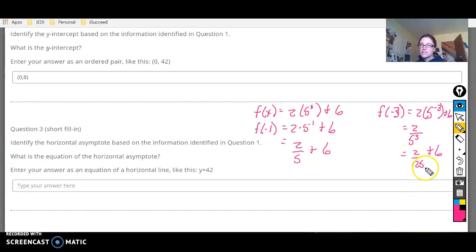What's happening here is that this fraction is getting smaller and smaller and smaller. 2/5 is bigger than 2 over 125. So what I'm adding to 6 gets smaller and smaller, and I am approaching 6, and that is going to be my asymptote.